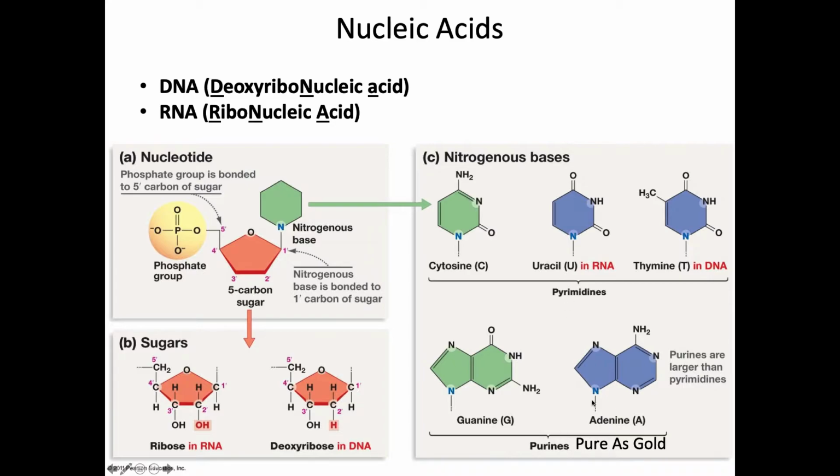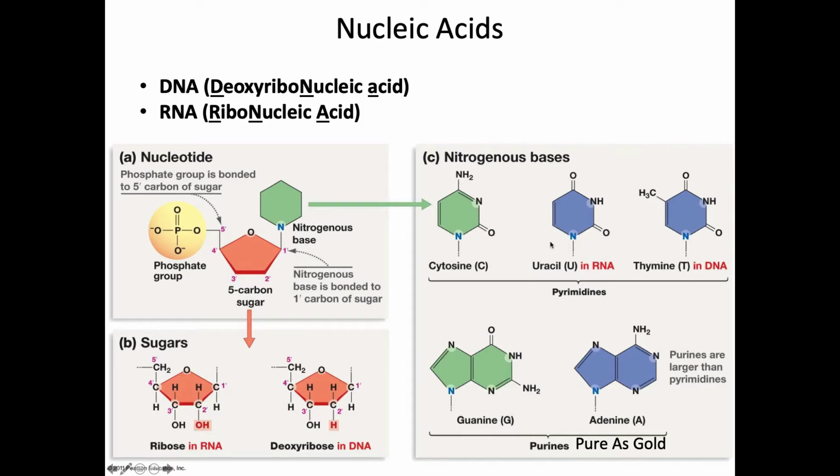And then here we have classification of the different nitrogenous bases. If it is guanine or adenine, which are these double ring nitrogenous bases, they are called purines. A good way to remember what purines include is pure as gold. Purine: adenine, guanine.